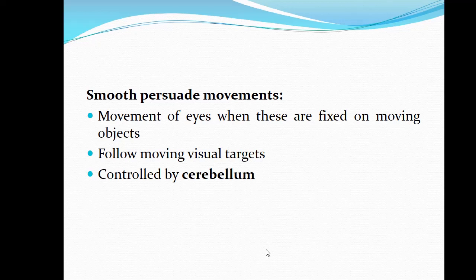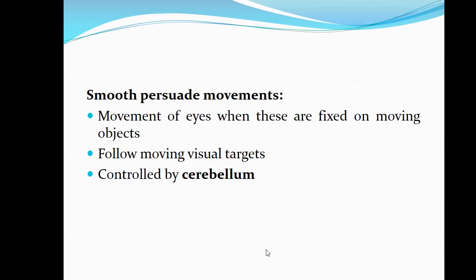Now, smooth pursuit movements occur when the eyes are fixed on a moving object. In the previous type of movements, that is the optico-kinetic movement, we talked about the condition or situation in which the scene was continuously changing. Here, the scene is not continuously changing.